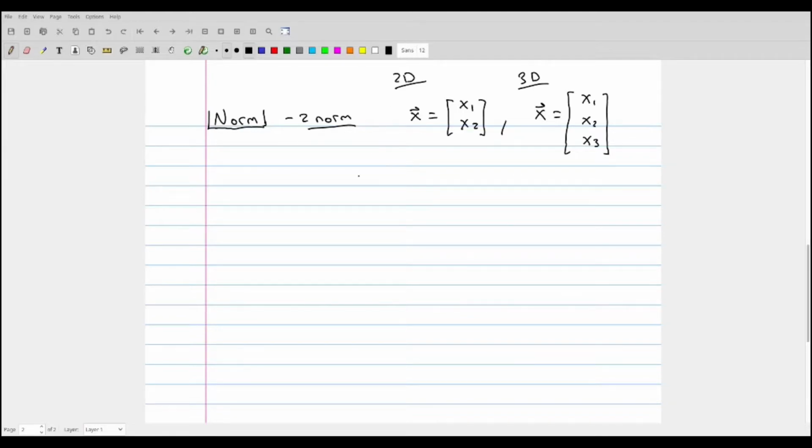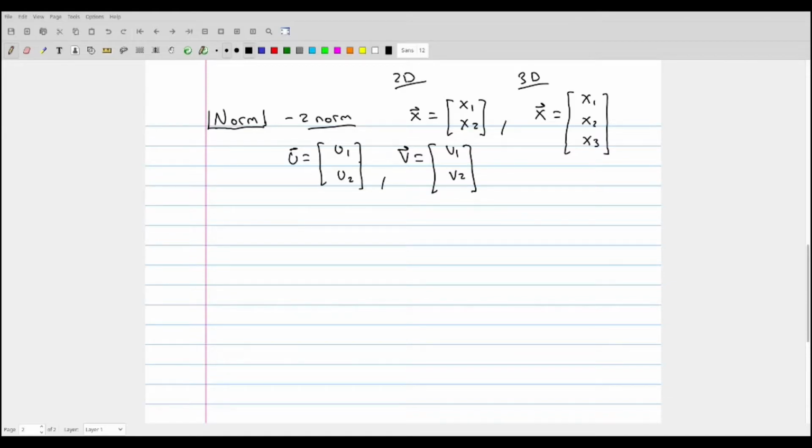And you'll remember the distance between 2 points, say a point u and a point v. I'll just do it in 2D. u is u1, u2, and v is v1, v2.